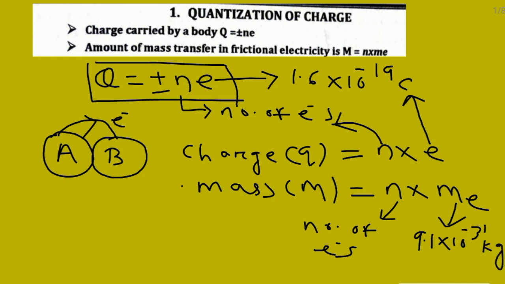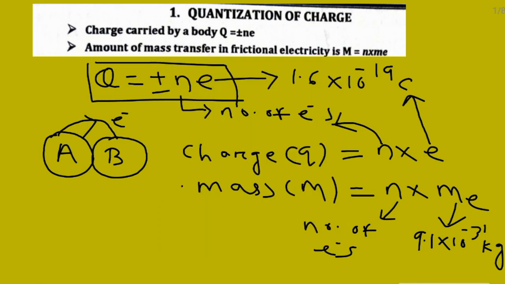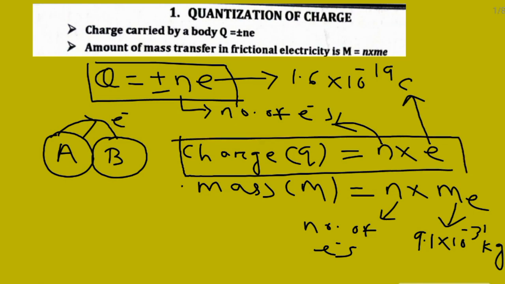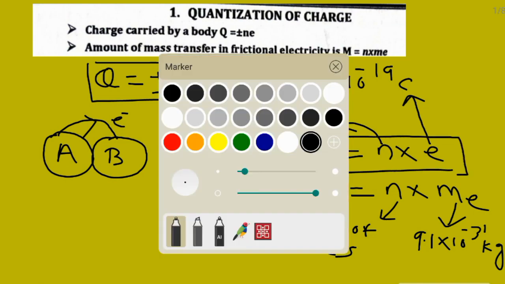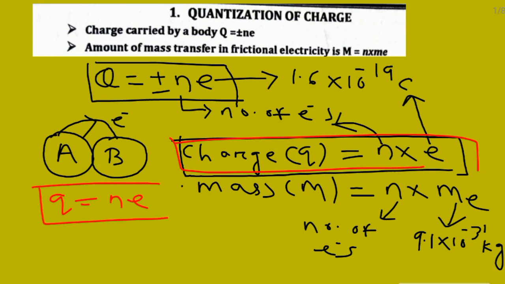So in this quantization of charge and frictional electricity, we have only two formulas. What are they? First one is charge. Q equal to Ne, where n is the number of electrons and e is the charge of one electron.